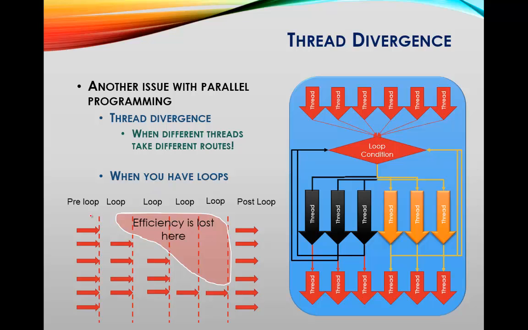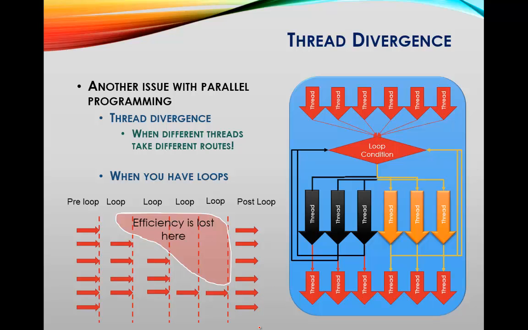So a pre-loop operation is performed. Then some threads may just skip the entire loop and go finish the post-loop operation. Some threads may take a few of the loop steps and then move on. And some threads may actually have to run the entire loop to completion. And then all threads will effectively perform some post-loop operations.